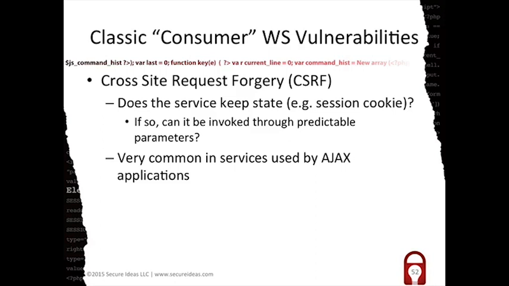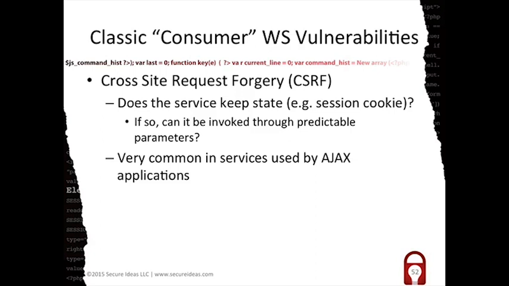So we have to look, and there are still requests. They're still going over HTTP. It's still often possible to force someone who's browsing a site that the attacker controls to submit a request to a service backend, and if the authentication is already provided through, for example, a cookie, then it may be possible for them to actually execute the request.